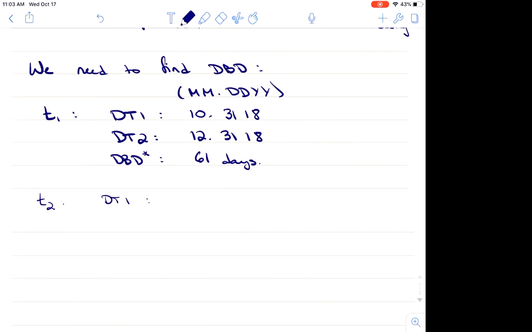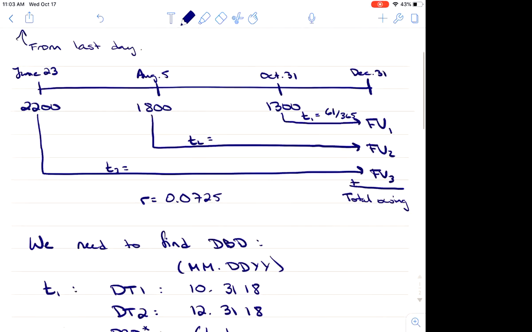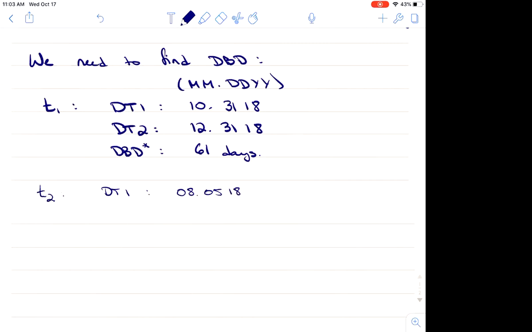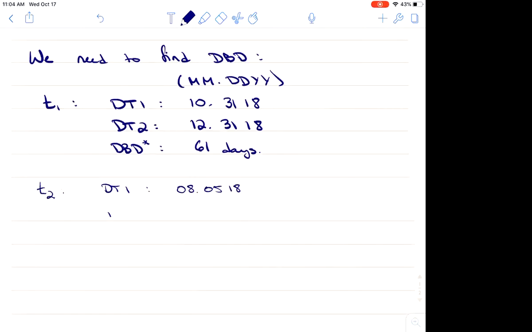Right, so August is 08, the 5th is 05, and I don't think we're given a year, so we just use 2018. Date 2 is going to be the same for all of these, right? December 31st. So once you've entered it in your calculator, you can just leave it there. You don't have to change it every time. So 12.3118.